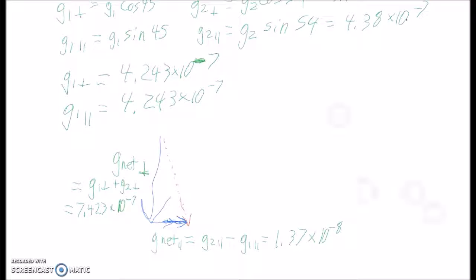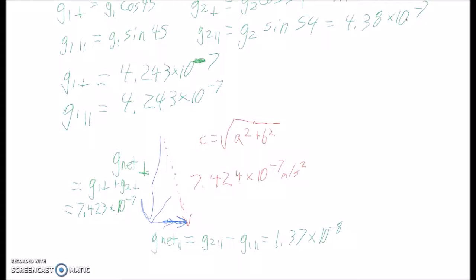So using, again, the C equals square root A squared plus B squared formula, we are able to find that this is 7.424 times 10 to the negative 7 meters per second squared.